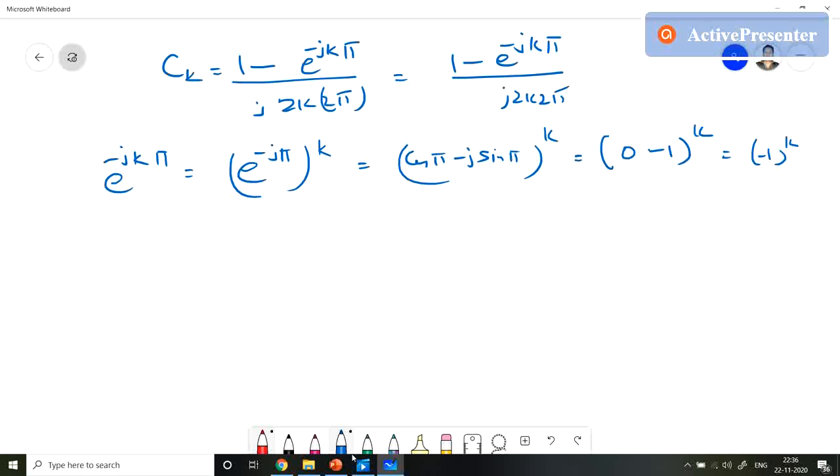So we are using this e raised to the power minus jk pi in this expression. So ck we will get as 1 minus minus 1 raised to the power k divided by j 2k pi.